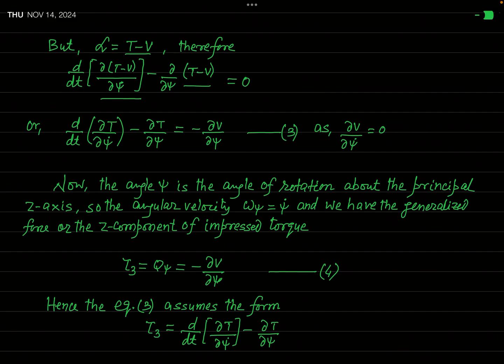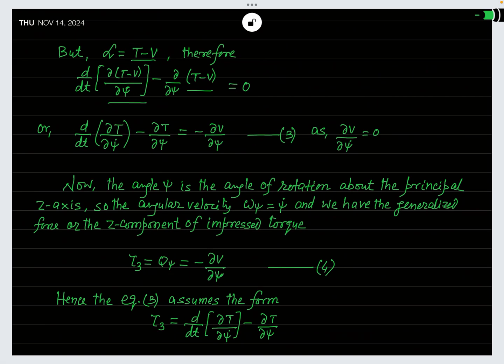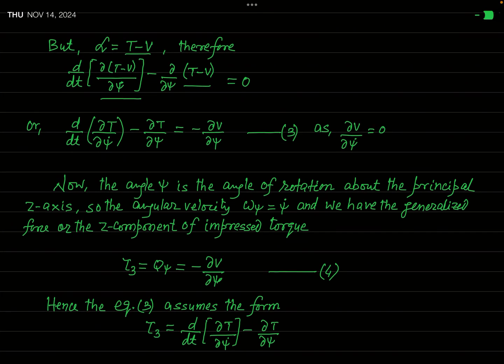Now the operator del by del psi dot will operate on T and V both. When we operate it on V, del V by del psi dot is 0. Why is this 0?